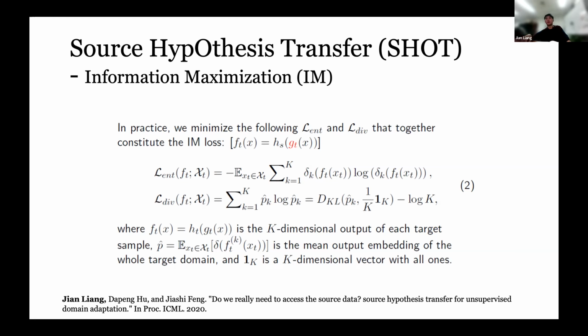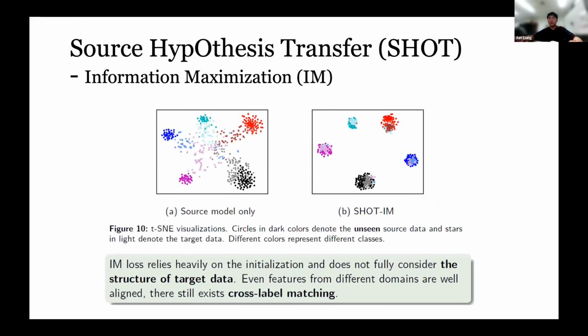With this loss on the output of the network, we expect to learn target features which generate nearly one-hot outputs, and these one-hot vectors are different from each other. This corresponds to the diversity term here. Okay, next page.